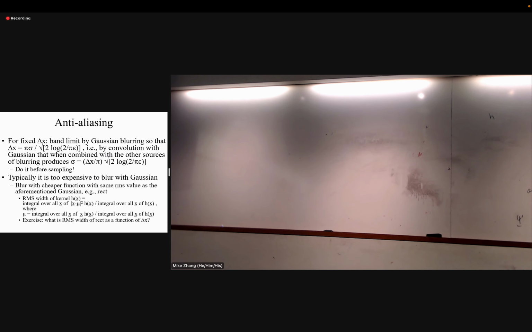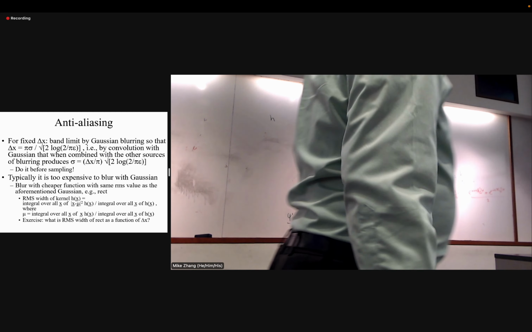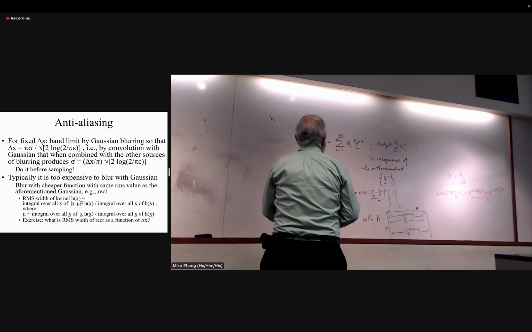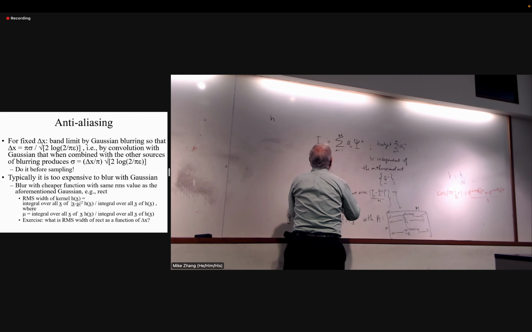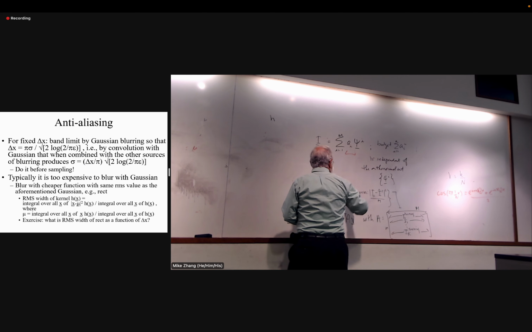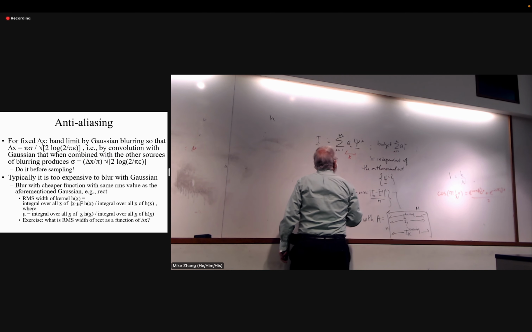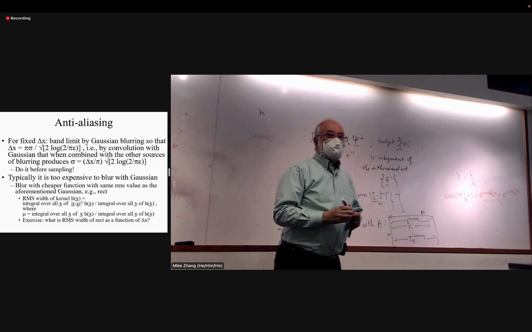So while you will have capital M basis images, if M is the number of pixels or voxels in your images, I want to be able to only transmit some smaller number of those, capital K of them.